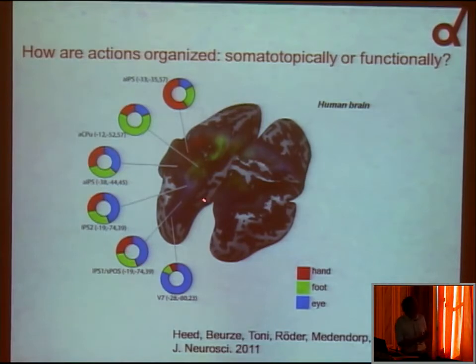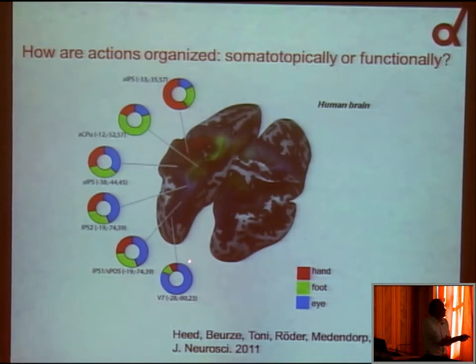And you can take a number of areas along the interparietal sulcus, and you can see how the division of dominance is reflected. These little donuts. So you're really in V7. It's really on the junction of visual cortex and parietal cortex. It's really eye dominant, a little bit of hand and foot selectivity. And if you go more anteriorly, let's say this area AIPS, you see it's more dominant for hand movements.